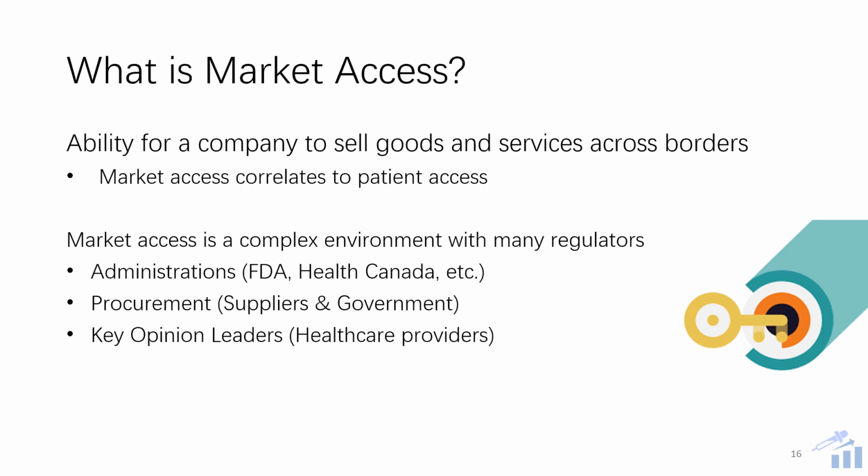How about market access? So this is pretty much the ability of your company to sell its goods and services across borders, or just simply barriers. It doesn't have to actually be geographic borders, but it can be barriers as well. So market access in healthcare and pharmaceutical generally involves navigating regulations. That's the big one. It also involves managing supplier relationships, right?